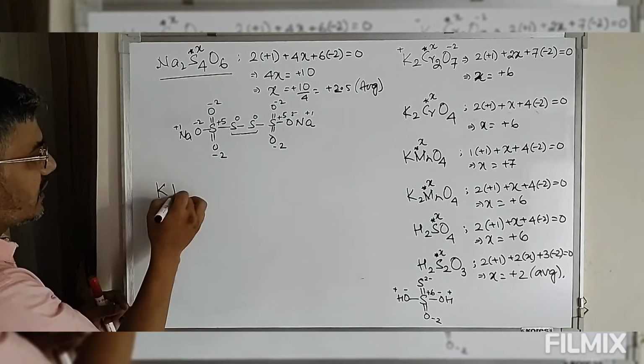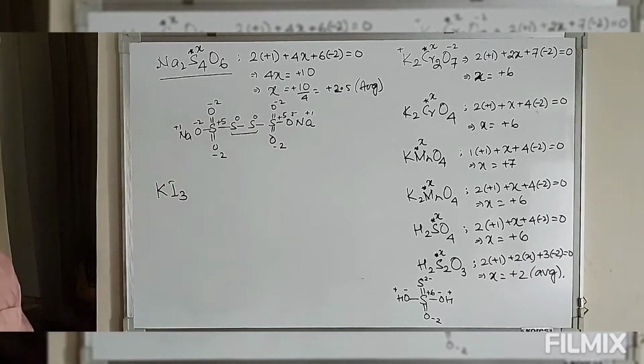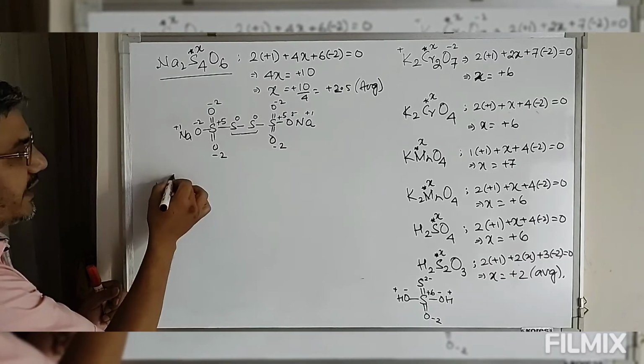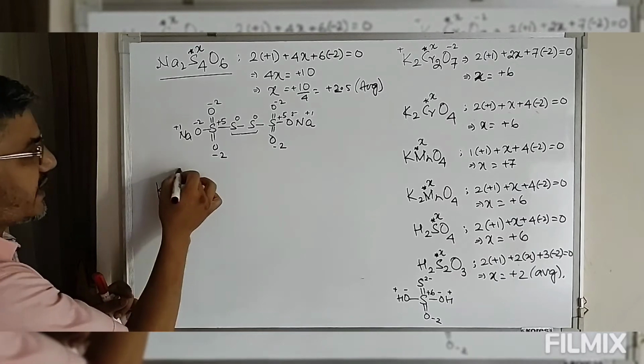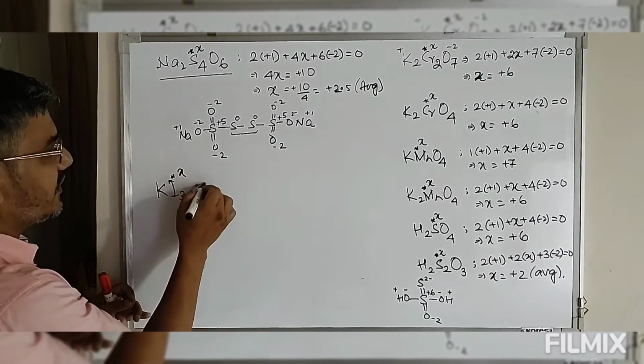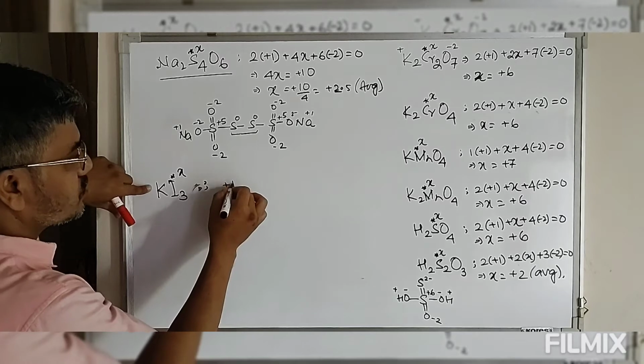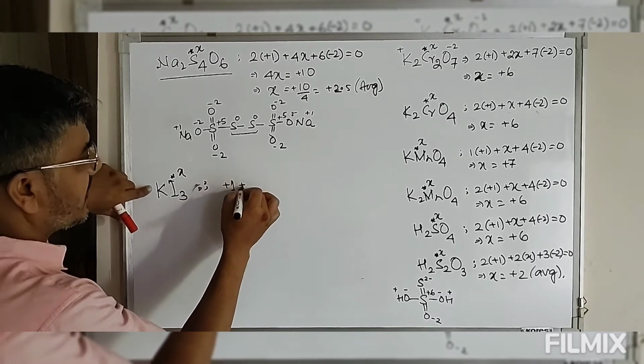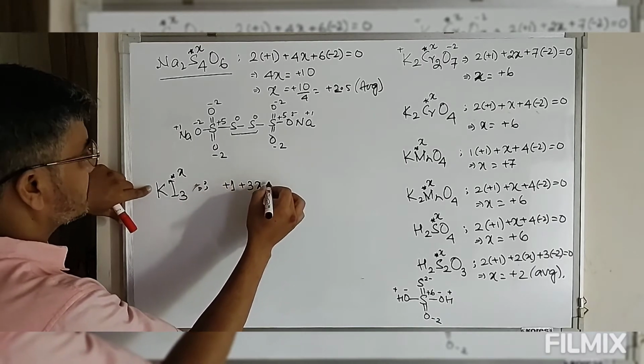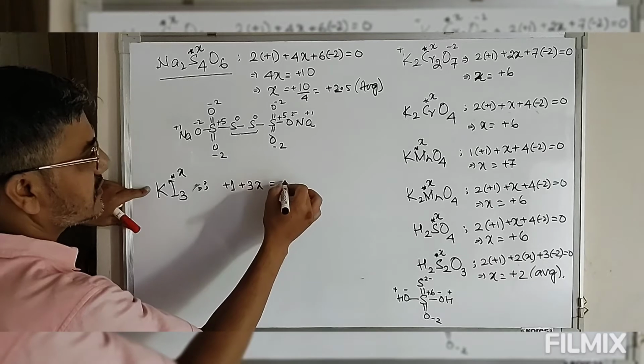Similarly, take this KI3, potassium triiodide. We have to find the oxidation state of iodine. Let's suppose this is X. So what we have is, potassium is an alkali metal, so we have plus 1 plus 3 times X. Total charge is 0.